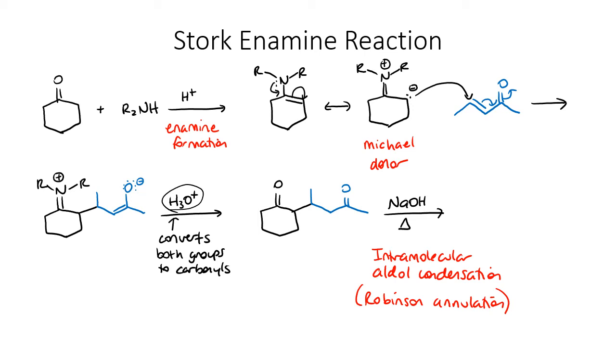You can go ahead and attempt that mechanism on your own, but we will end up with a product that looks like this. These types of reactions are very useful to form molecules that have steroid backbones, which we will see in our last learning unit as being very important in nature.